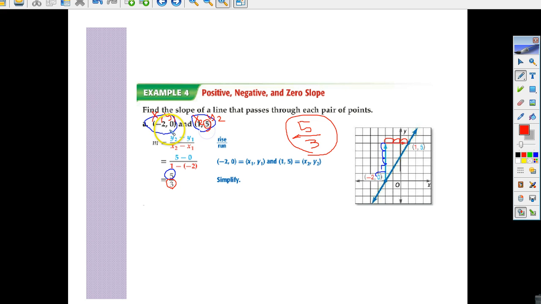So 5 minus 0, and then 1 minus the -2. Okay, then you can still calculate that and get 5 over 3. So you see here it's the same thing. You can either do it by looking at the graph and counting how many you run and rise over run, or you can do it by doing y2 minus y1 over x2 minus x1.